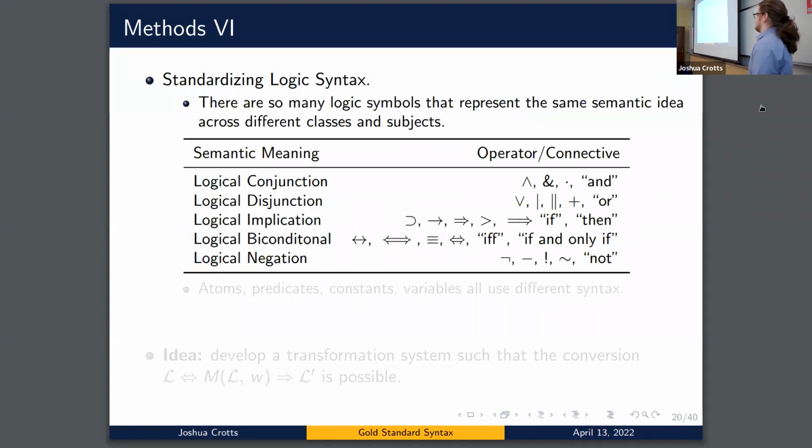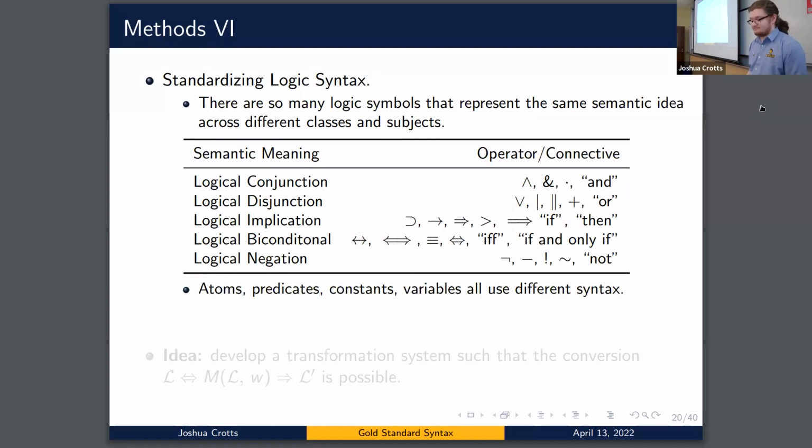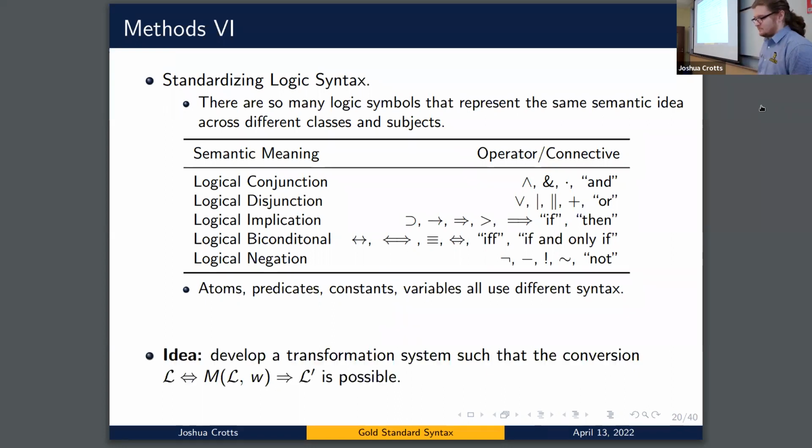This is just propositional logic, and there are many symbols that can represent the same semantic idea. Here's just some of them. There may be even more. And even more important is that, as we saw, atoms, predicates, constants, variables can all use different letters of the alphabet, different cases, and it gets very unwieldy, especially if you're trying to test systems very quickly.